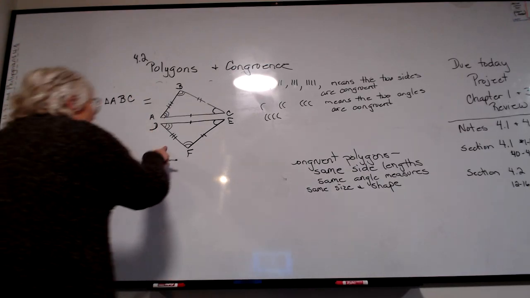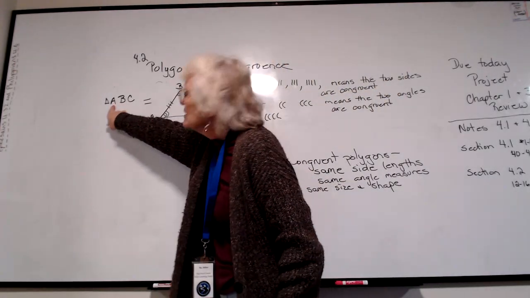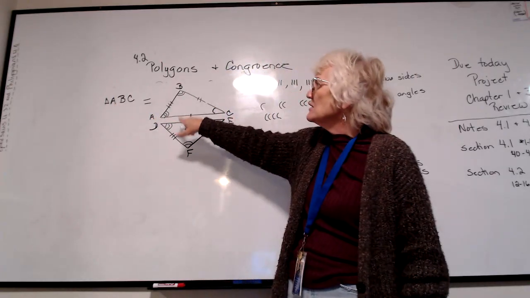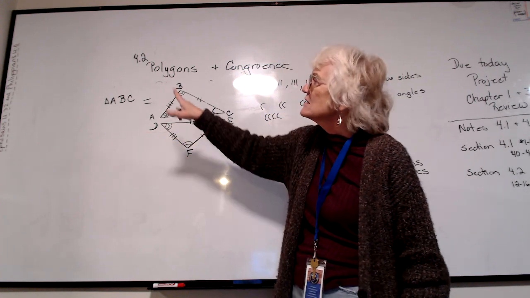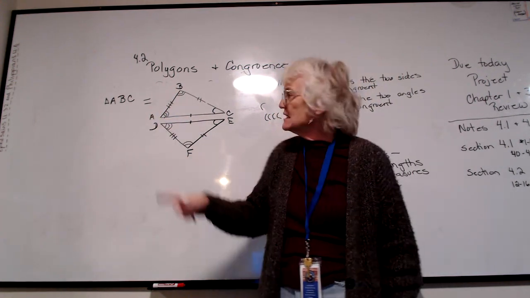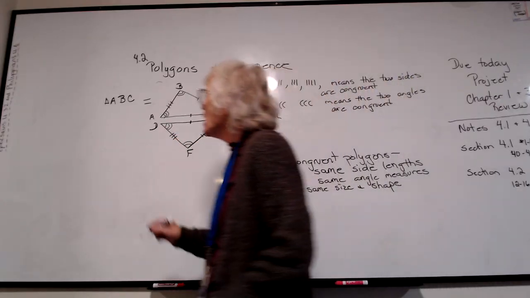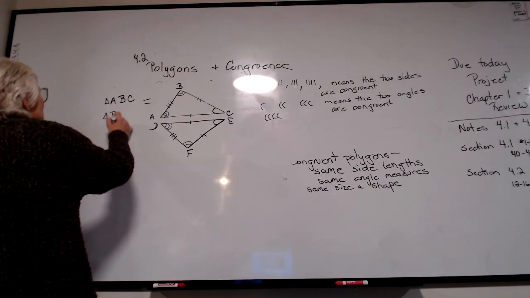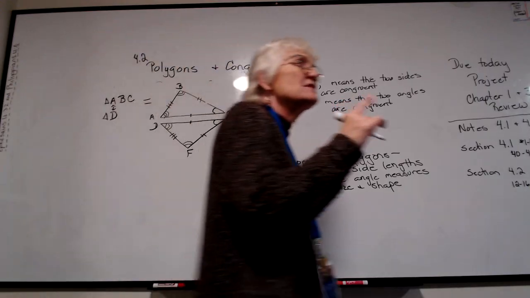I have to name this one so that whatever is congruent to angle A is written first. So what is the angle in the second one that's congruent to angle A? D. So when I write these, the D has to be paired because those are the congruent angles.